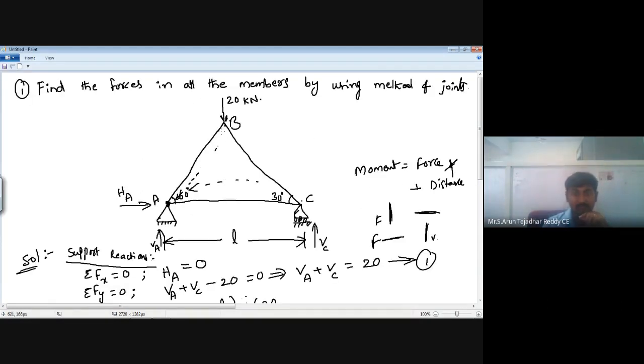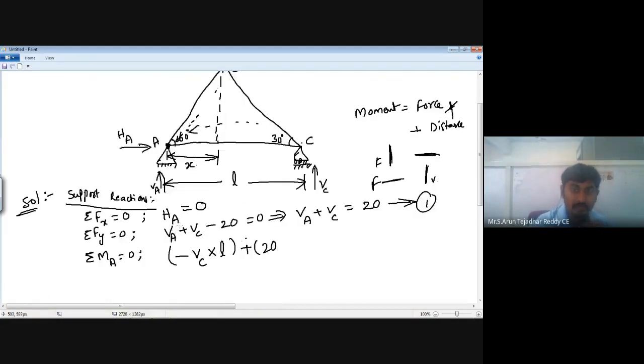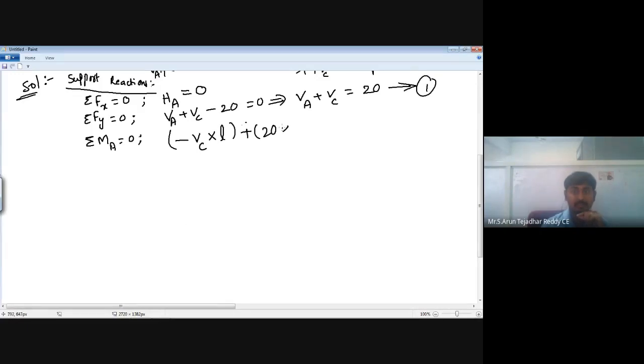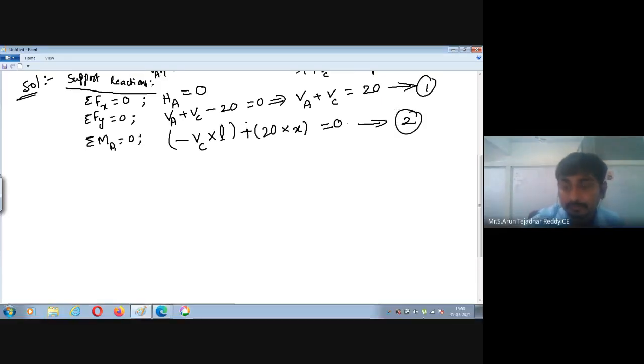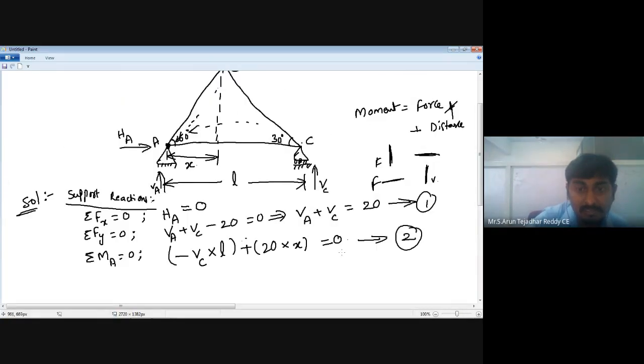First draw one line; this is the perpendicular distance from A. Since no perpendicular distance is mentioned, just assume it is x. So 20 into x is equal to 0. This is the second equation.